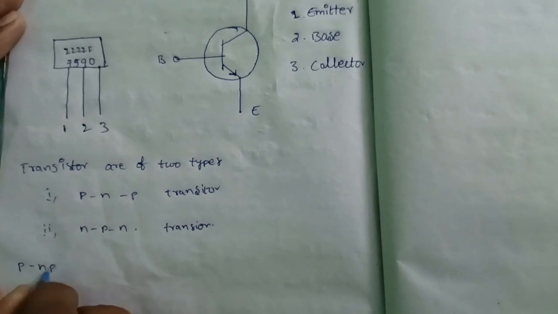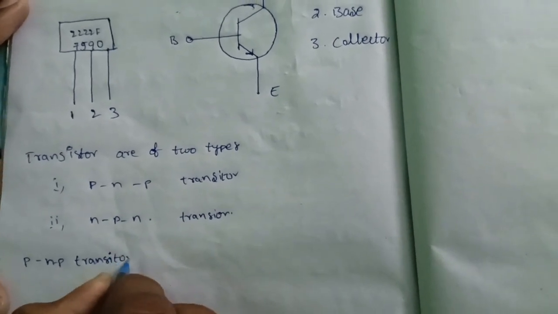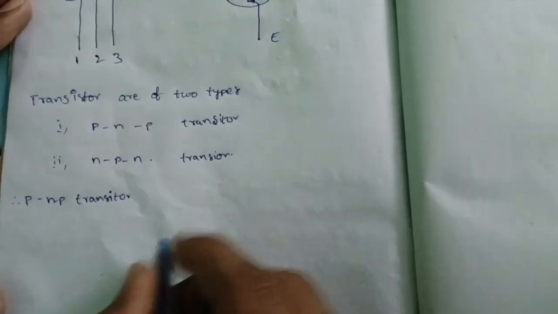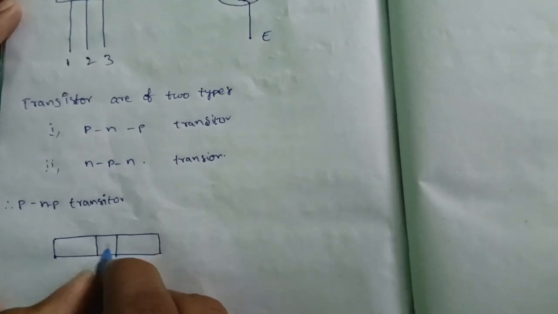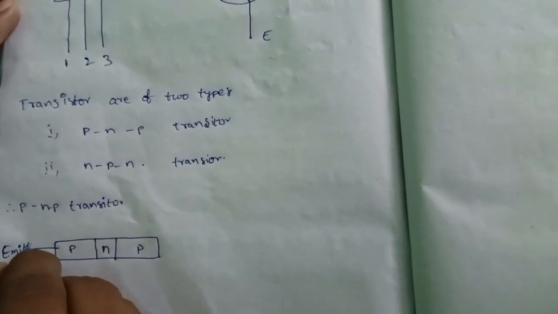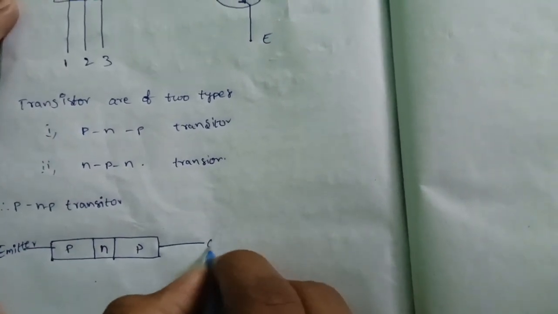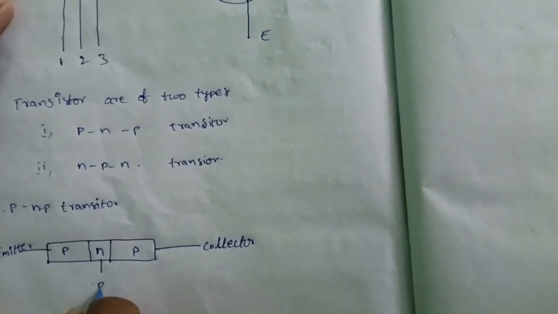PNP transistor: this is collector, this is emitter, and this is base.